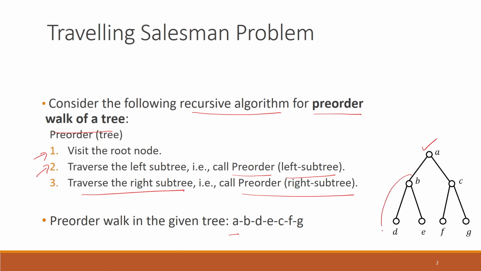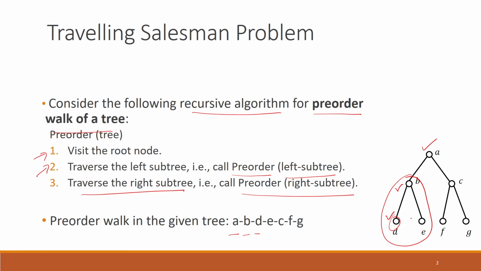Now, this is the left subtree here. In that we will again visit the root node, which is node B, and therefore we have node B listed here. Now, when we call this pre-order function again, it will visit the left subtree of this portion, which is node D. So, therefore, we get node D.